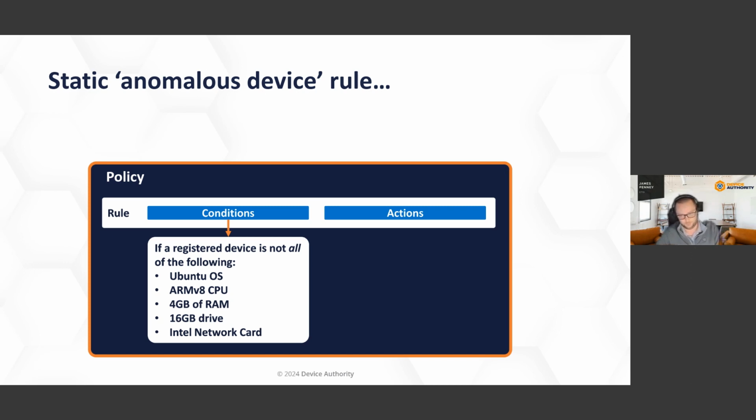Ubuntu. Okay, so Ubuntu's still there. ARM V8 CPU, and that could be manufacturer, model number too. It's got 4 gigs of RAM, let's say. 16 gigabyte drive. An Intel network card. Same version, same model, same firmware.